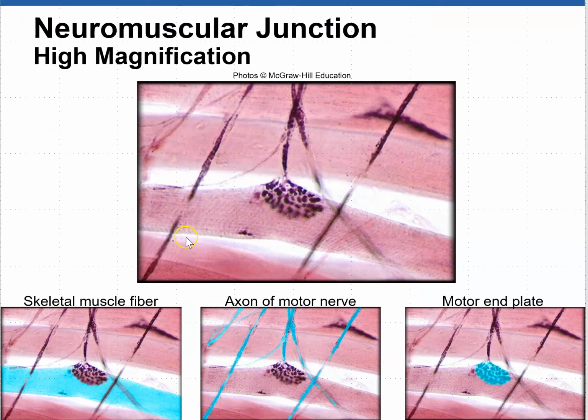This picture over here shows the microscopic image of the neuromuscular junction. And right over here is a muscle fiber, and this is the motor end plate of the axon. And all these nerve fibers are the axons of a motor nerve that brings signal to several different muscle fibers.